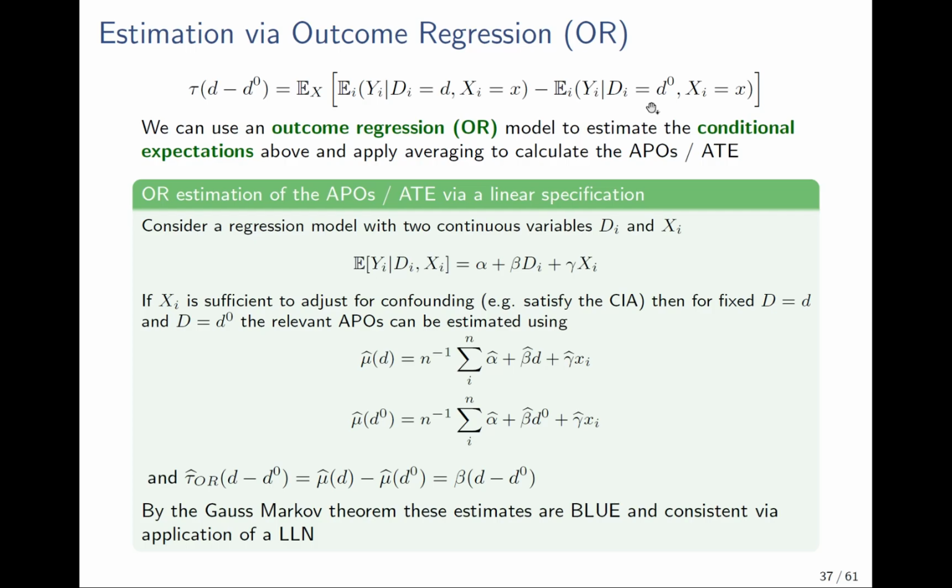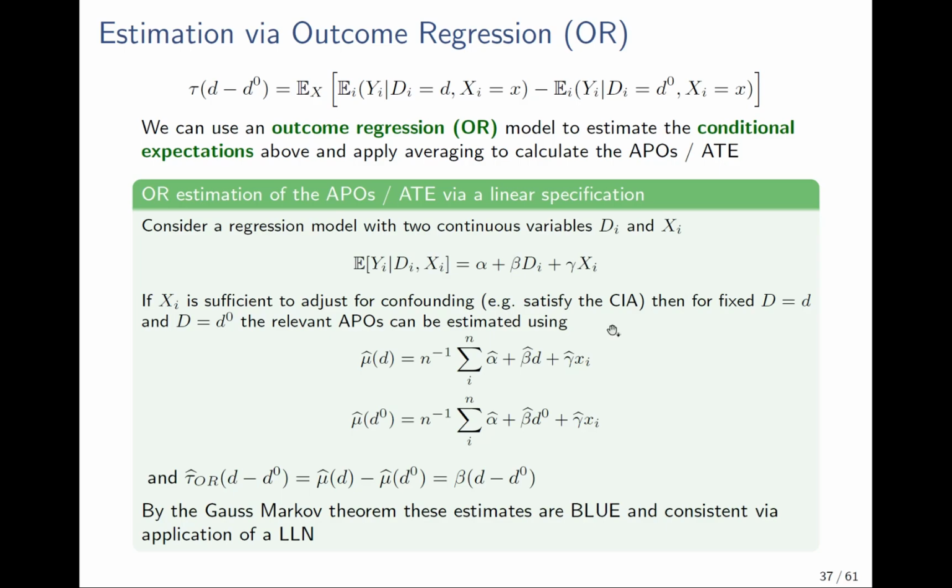So here's a simple example, and we don't have to spend a lot of time on outcome regression because it's so familiar. All I want to point out is how we get causal estimates from regression. Consider a regression model with two continuous variables, a treatment variable and confounding covariates. It's in conditional expectation form here, which we're going to use to approximate an average treatment effect.